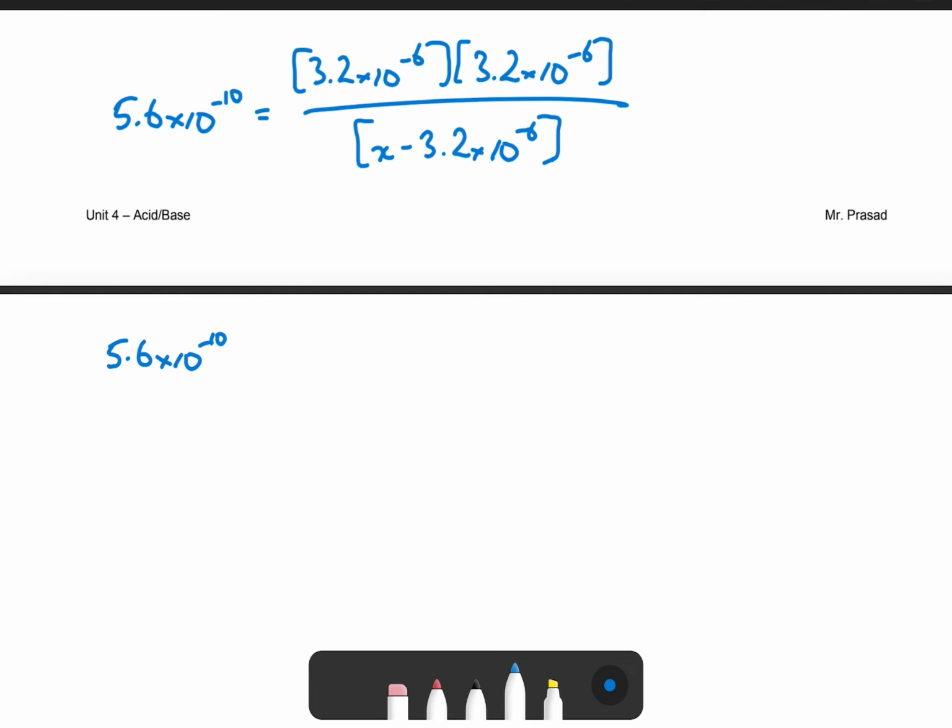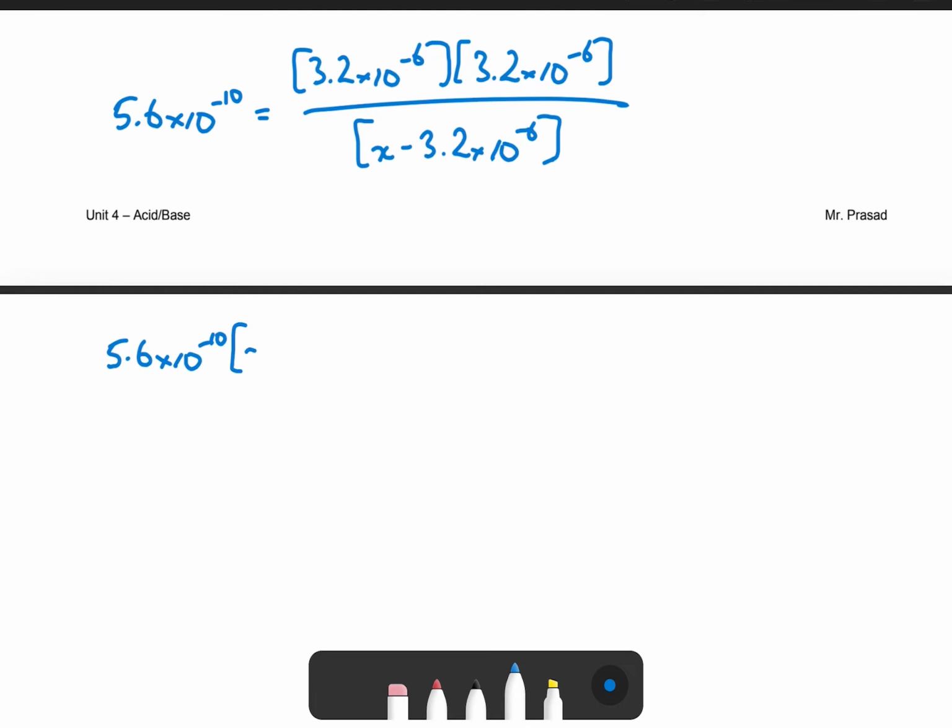We'll cross multiply. This will be equal to 3.2 times 10 to the negative 6 squared. So 5.6 times 10 to the negative 10 x minus 1.8 times 10 to the negative 15 when we distribute.